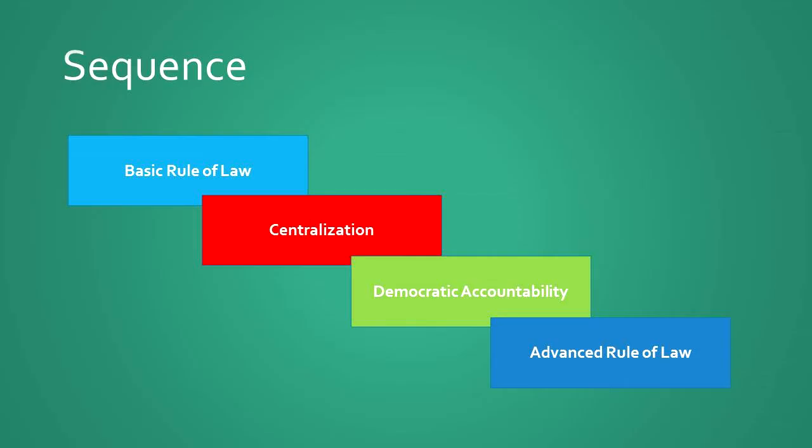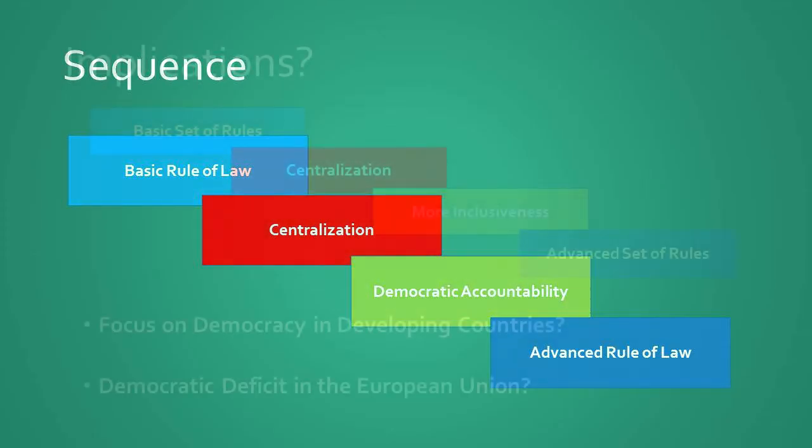First, there's basic rule of law, then there is state centralization, then more democratic accountability, and a more advanced rule of law come about. This is a model that I'm presenting, and I'm very well to accept all forms of critique or discussion afterwards.